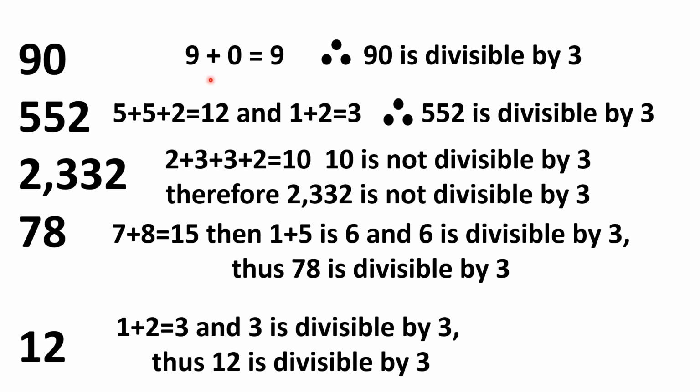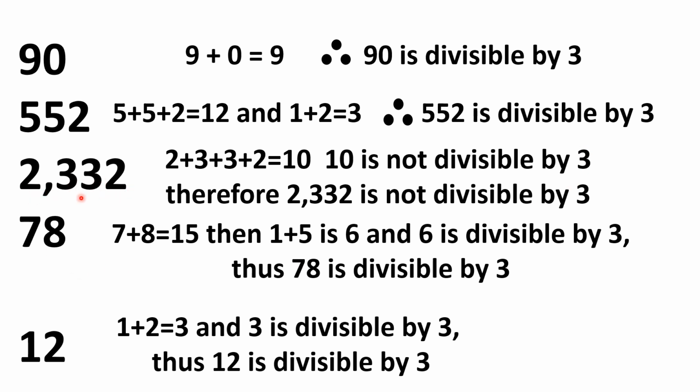So 9 plus 0 is 9. 9 is divisible by 3, therefore 90 is divisible by 3. Next is 552. 5 plus 5 plus 2 is equal to 12. Then add 1 plus 2, which is 3. So 3 is divisible by 3, therefore 552 is divisible by 3.